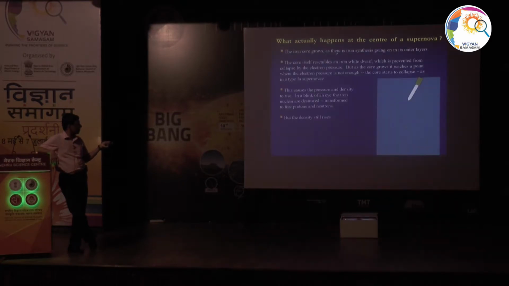So where the electron pressure is not enough, the core starts to collapse as a supernova. This is the situation where the forces are in addition to just the thermal forces due to the high temperature. But sir, in the case of plasma, is there an area in which one type of ion gets accumulated, or is it just a mixture of electrons?